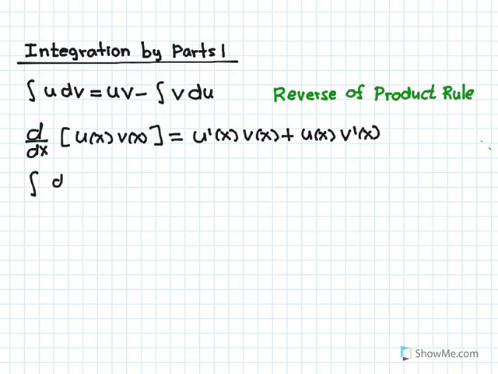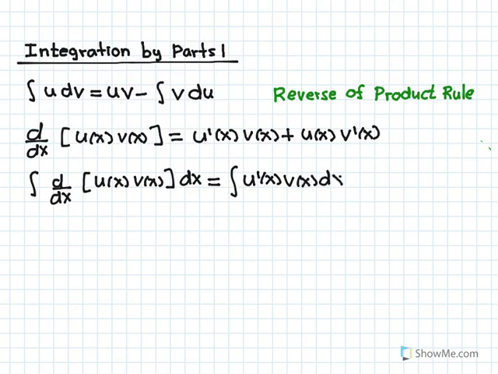So we have integral d/dx of u of x, v of x, dx. That's equal to integral u prime of x, v of x, dx, plus integral u of x, v prime of x, dx.